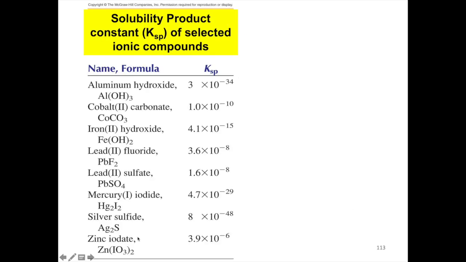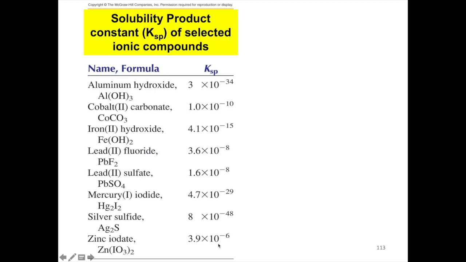So here are selected ionic compounds with their solubility product constant Ksp. As you can see, the first one, aluminum hydroxide, has a Ksp value of 3 times 10 to the minus 34. But the last one is zinc iodate, with 3.9 times 10 to the minus 6.